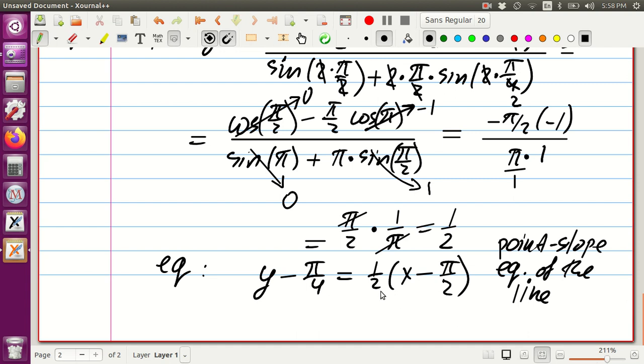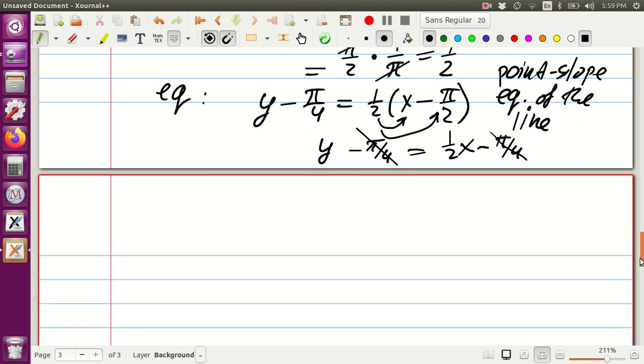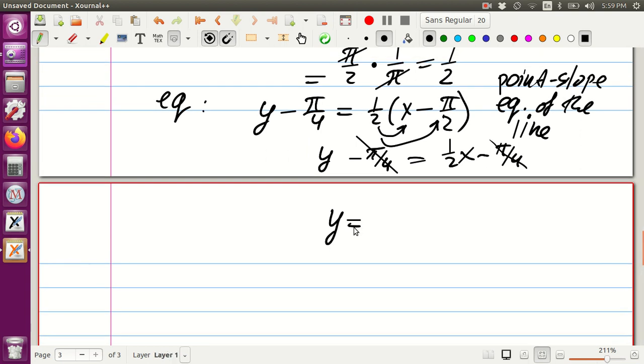And if we distribute 1/2 through the expression, our answer on the right side will be 1/2 x minus pi over 4. So we have y minus pi over 4 equals 1/2 x minus pi over 4. So if we add pi over 4 to both sides, they're going to disappear. So finally our answer is y equals 1/2 x, and that would be our final answer.